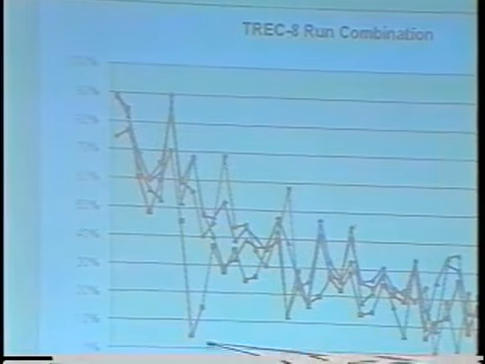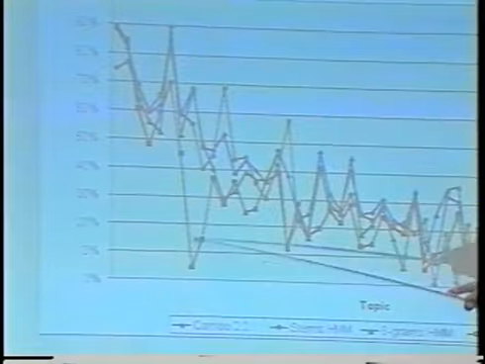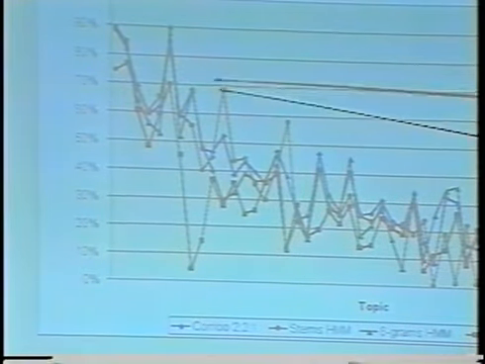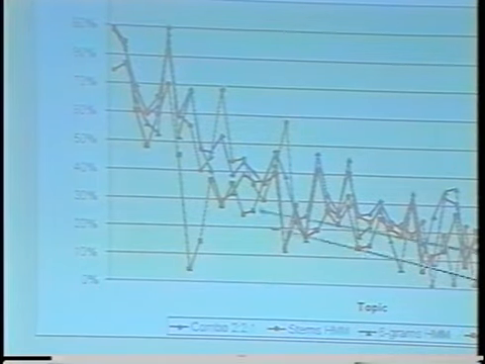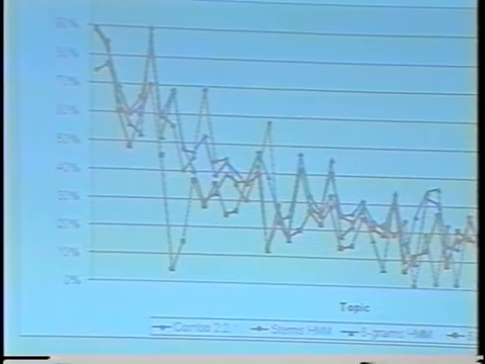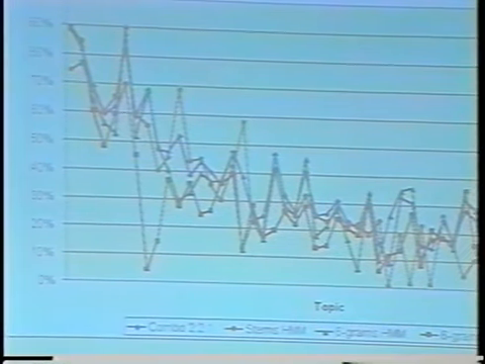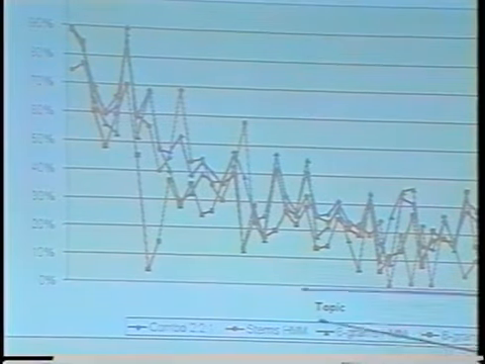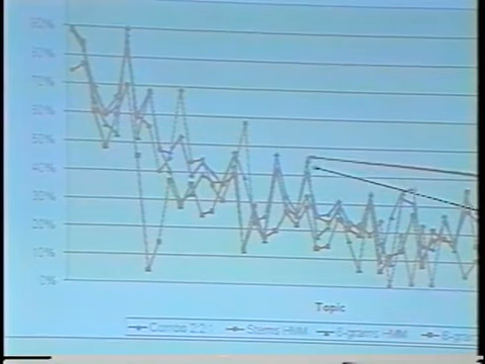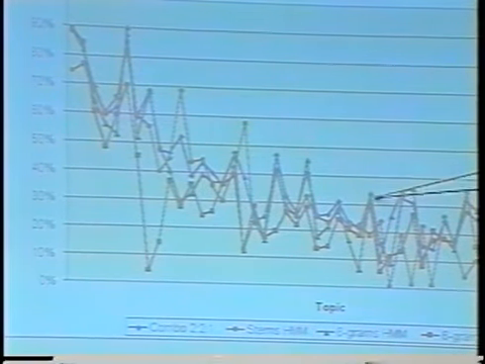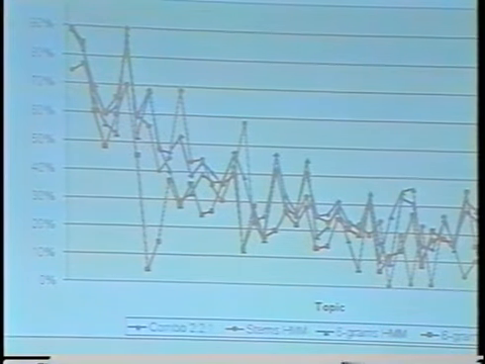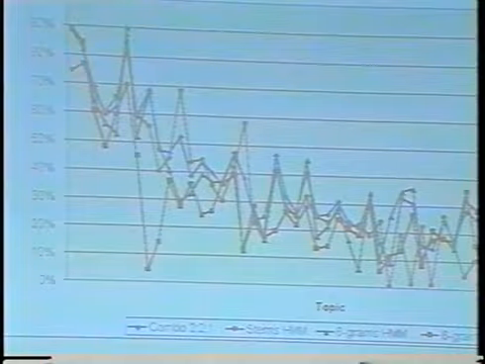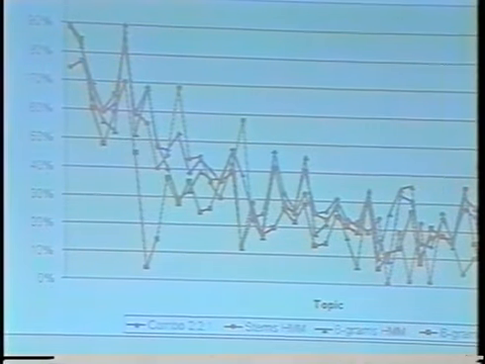Here's one where the cosine measure is absolutely abysmal. The combination, blue here, is better than any of the individual ones in that case. Because why? Because the combination of evidence basically overrules this one. That's not always the case. Blue isn't always the top one. Here, 6-gram HMM slightly outperforms the combined score.